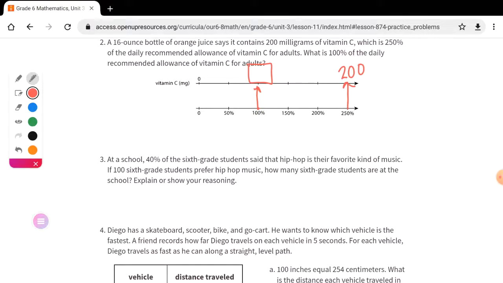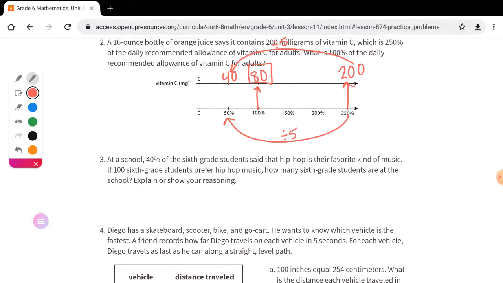I went from 250 to 50, divided by 5, and then I did that on the top. So divided by 5. And what does that give us? 40. Okay, so then we just count up.